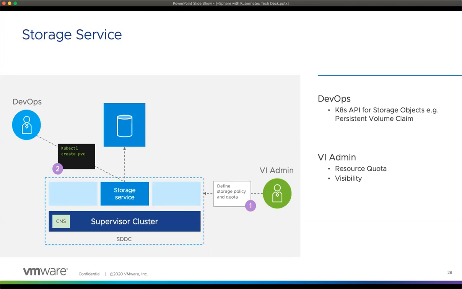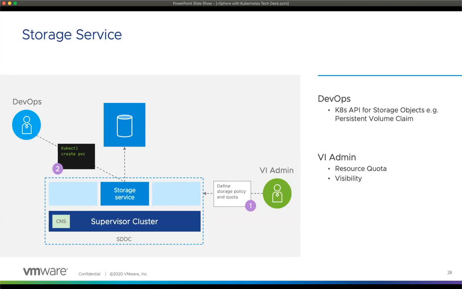I start up the container. I say create new database on the persistent volume. Now I want to upgrade to the latest version of the database. I would create a new container with the latest version of the database software, and then I would attach that persistent volume to that container.